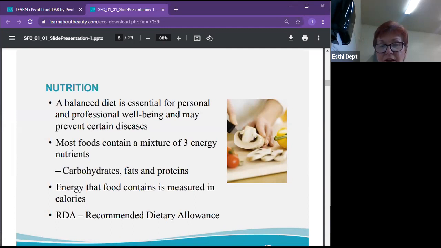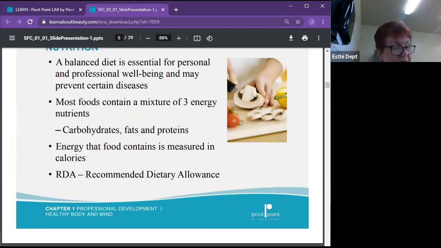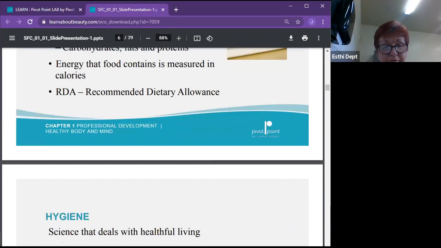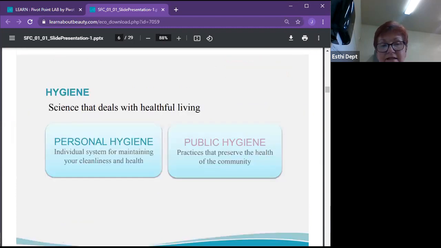Okay, I'm going to turn the page. We're going to go into hygiene. This is the science that deals with healthful living. There are two parts. There's personal hygiene, which is basically our individual cleanliness, and public hygiene, which is the practice that preserves the health of the community.